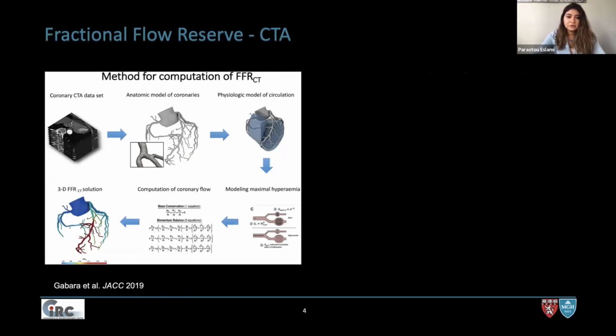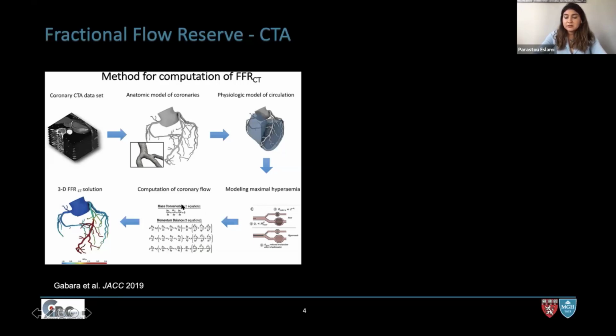through computational fluid dynamics. I will briefly talk about the details of how a CFD calculation works for patient-specific modeling. You start with an imaging modality of interest. We're focusing on CTA here. Then you create the anatomic model of the coronary arteries, segmenting the arteries, and then impose physiological boundary conditions for circulation, which are ideally patient-specific, here in stress and rest conditions.